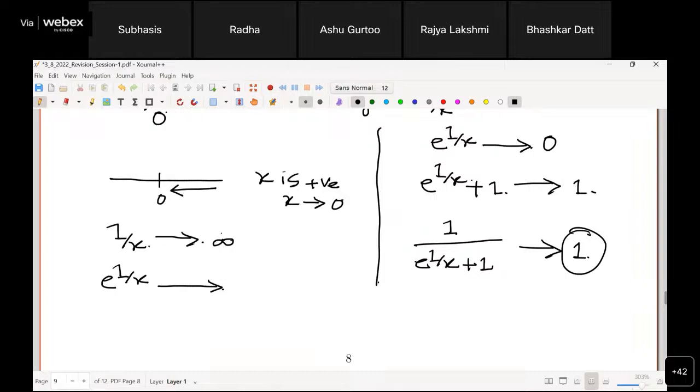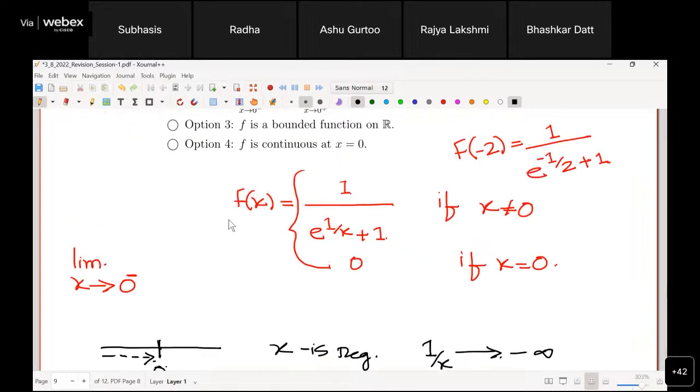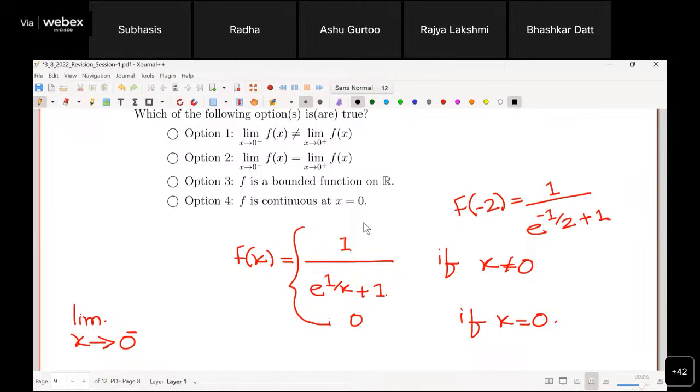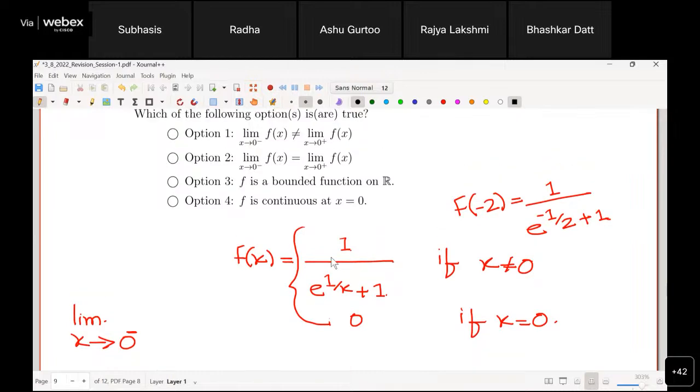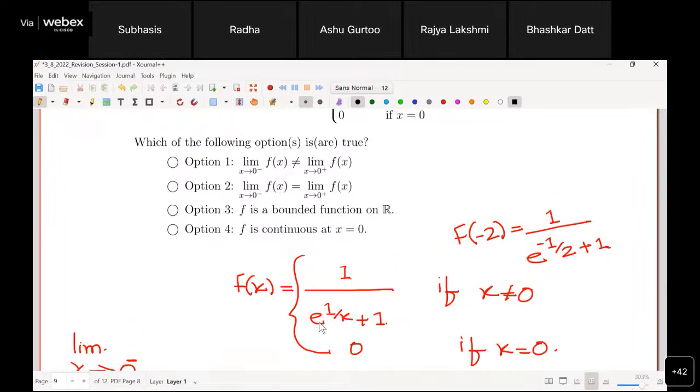No, here it's not in the infinity by infinity form. Just allow me to complete my statement. Here, if you see, this is not in indeterminate form. I have 1 in the numerator and something completely different in the denominator.